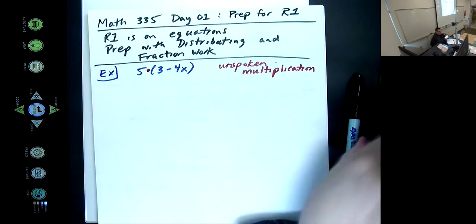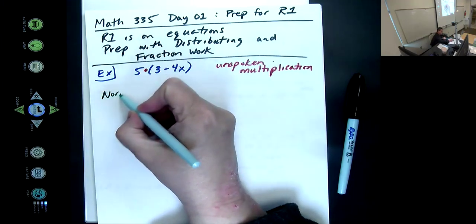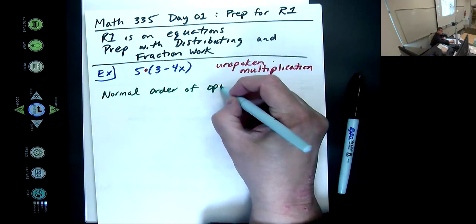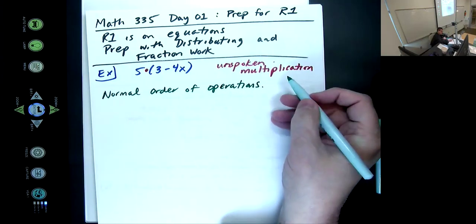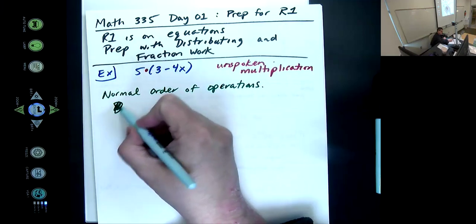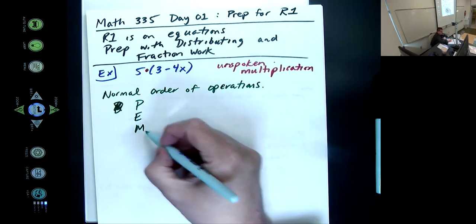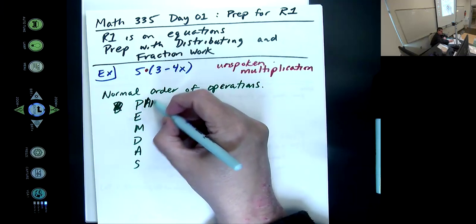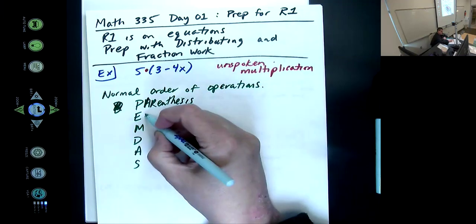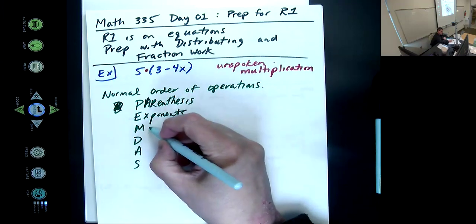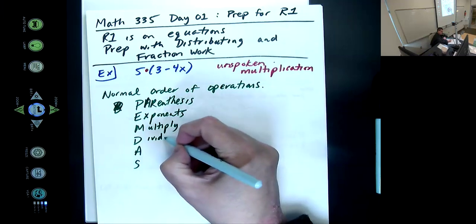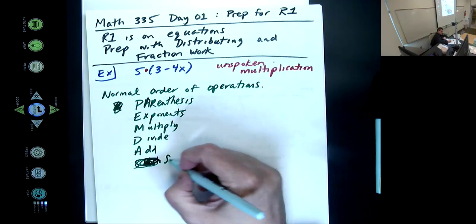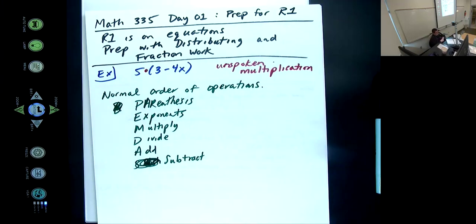So normally, for the normal order of operations, it would be parentheses, exponents, multiply and divide, add and subtract, and they go in order.